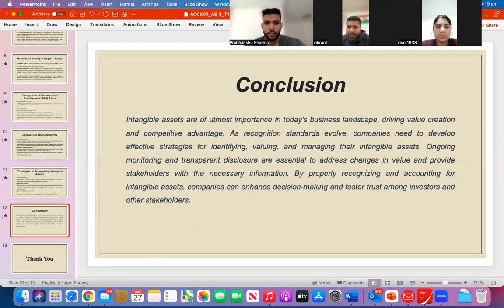Ongoing monitoring and transparent disclosure are essential to address changes in value and provide stakeholders with necessary information. By properly recognizing and accounting for intangible assets, companies can enhance decision making and foster trust among investors and other stakeholders. Thank you.